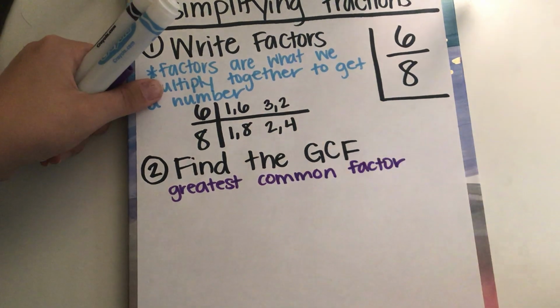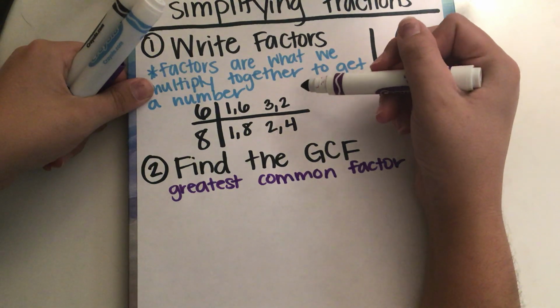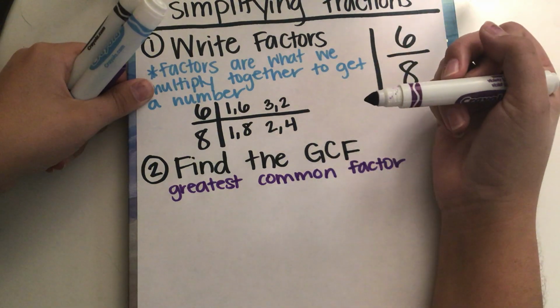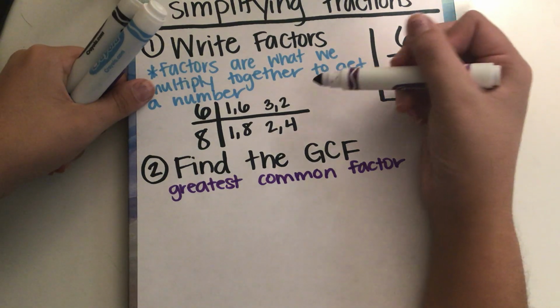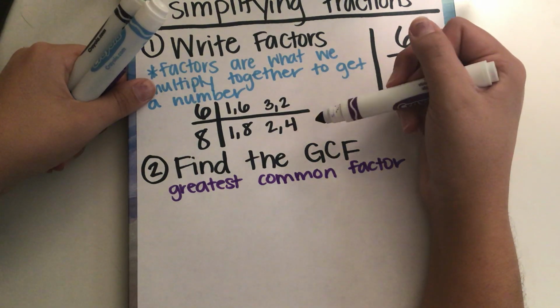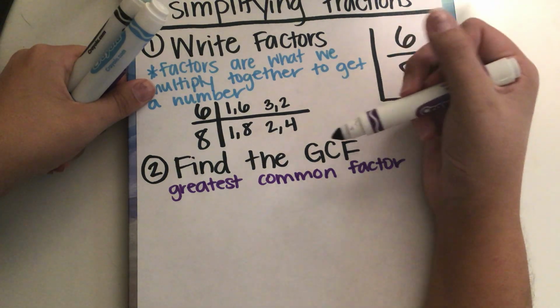That is a fancy way of saying what is the biggest number that's the same in the top row and in the bottom row. You can always circle all of the common factors that you have, but you can also just go ahead and circle the greatest common factor.